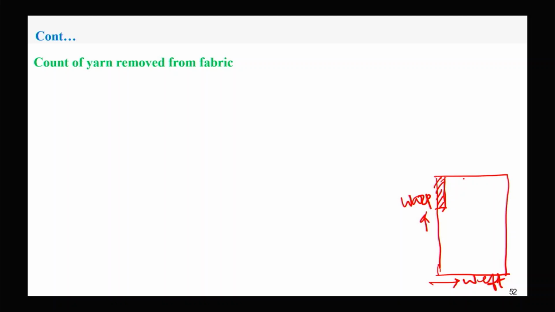Now, if we want to take this as one specimen and another specimen is this, and we want to test the yarn strength of warp yarn, this is one specimen and this cannot be taken, because here the same set of warp is taken.